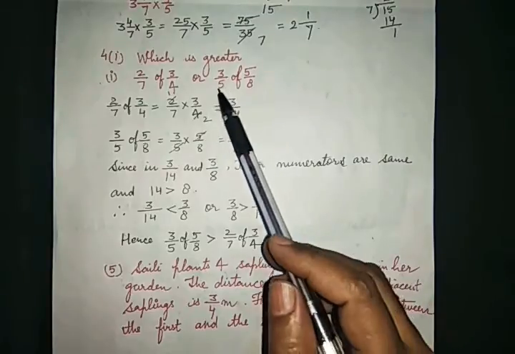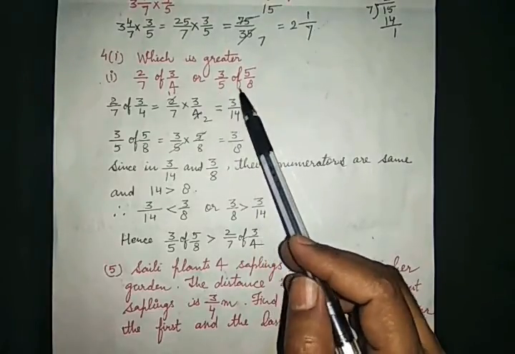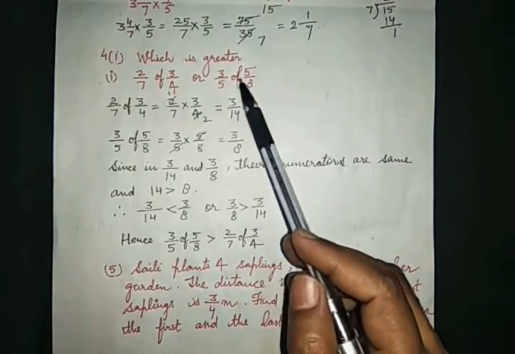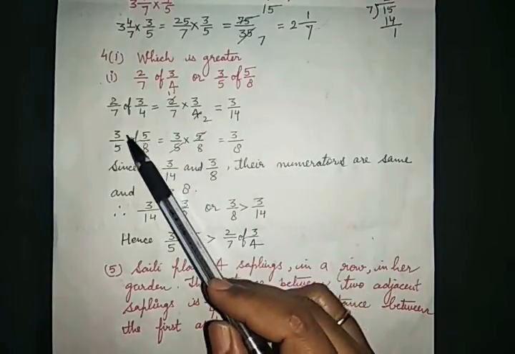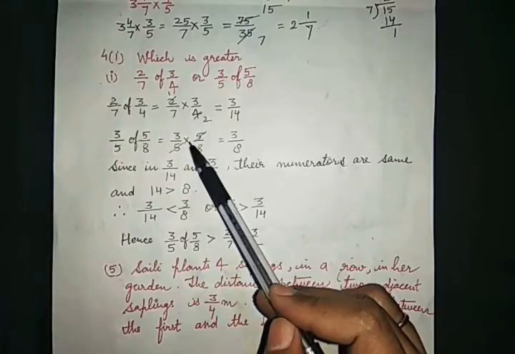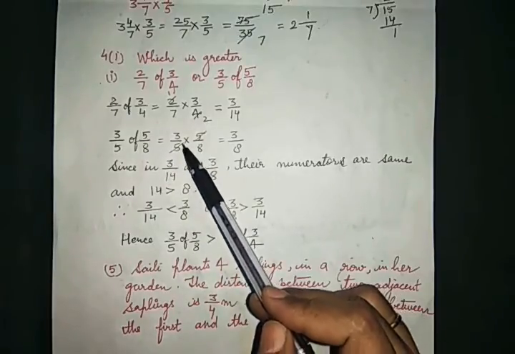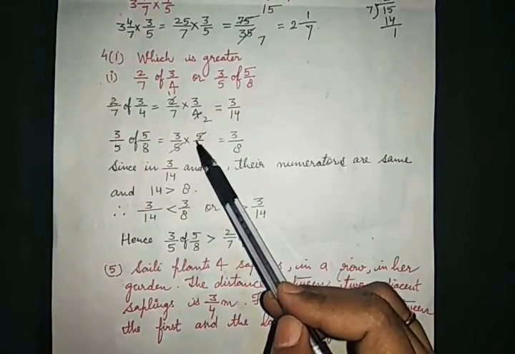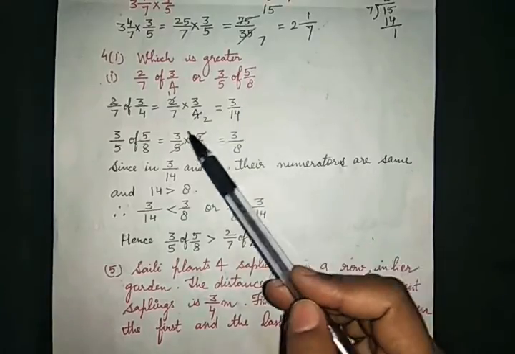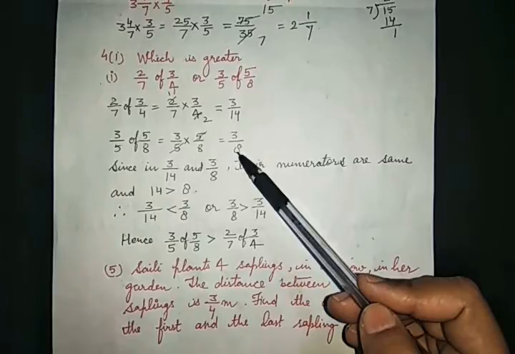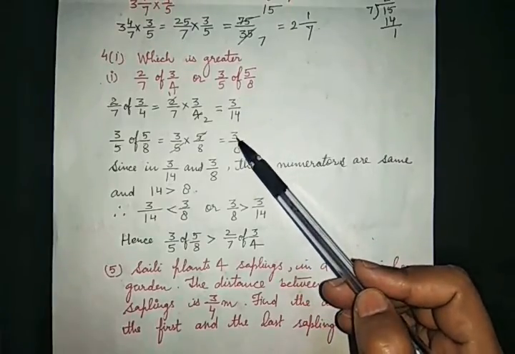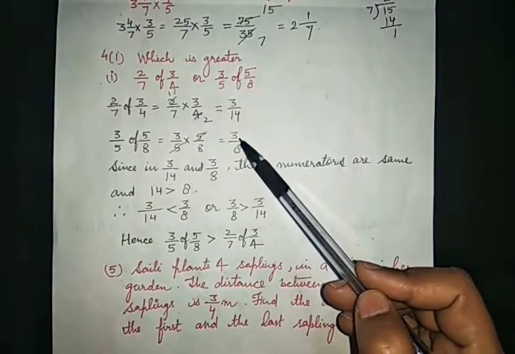Now, the next is 3 upon 5 of 5 upon 8, which we have to solve. 3 upon 5 into 5 upon 8, 5 and 5, you can cancel. 3 upon 8. You can see here the numerators are the same.